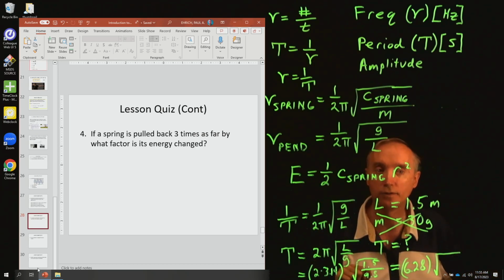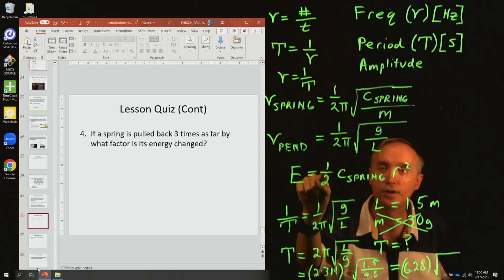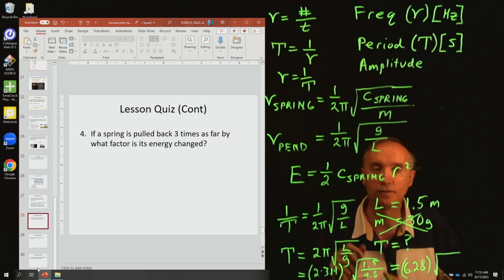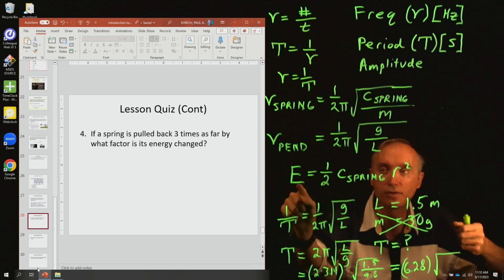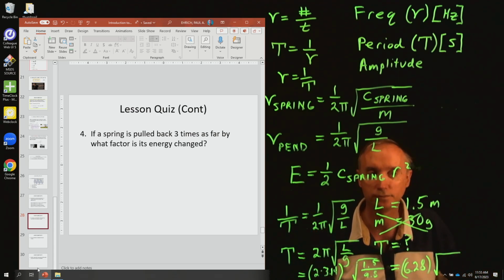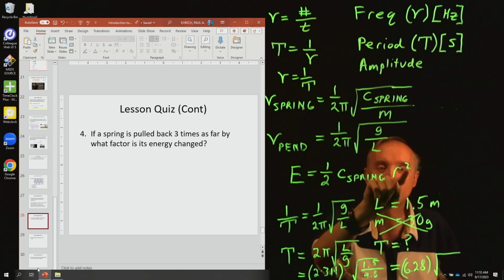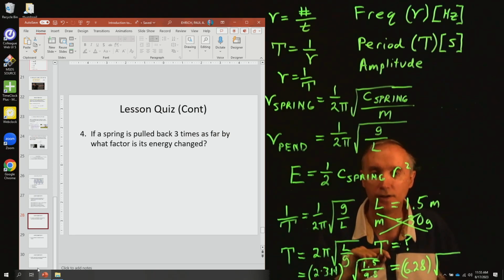It's the same spring. So we don't care about this. And for that matter, we don't even care about the 1/2. But we are changing the x. So if it's 3 times further back, the answer is 3 times the energy. No. 3 squared is 9. So it would have 9 times the amount of energy.